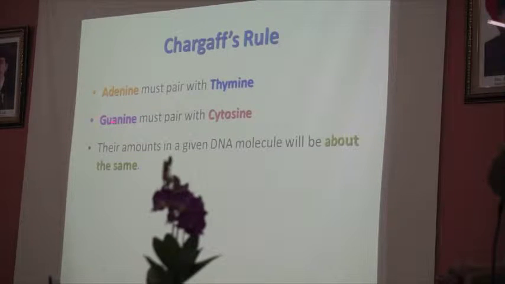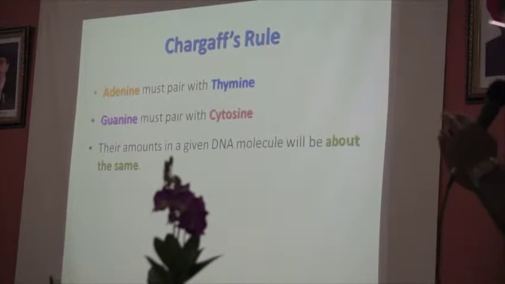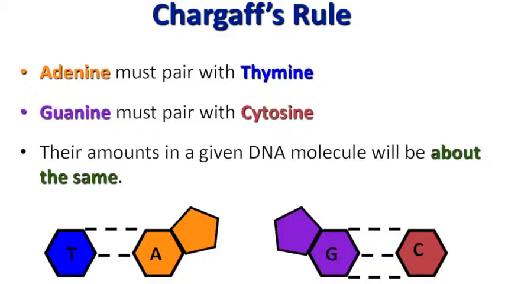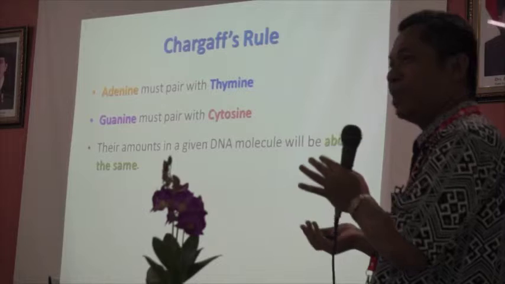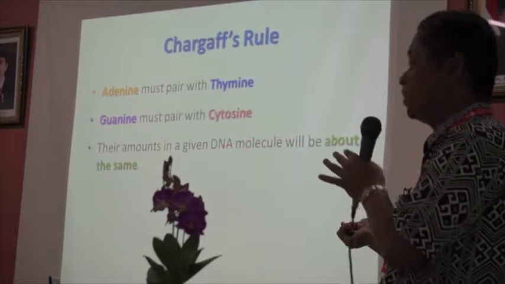The rule is that adenine must be paired with thymine, so we sometimes find AT. Guanine must pair with cytosine, GC. The amounts in different DNA molecules will be about the same. AT, GC mean the pairs between adenine and thymine or guanine and cytosine.